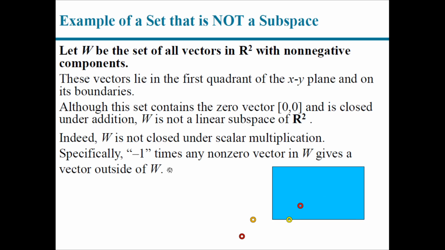Beautiful. But if I multiply anybody from the set by a negative number, they will jump out of the set. So if I have some element in the first quadrant and I multiply it by -1, I have the negative of each component, and I'll find it outside the quadrant. Well, that's no good.